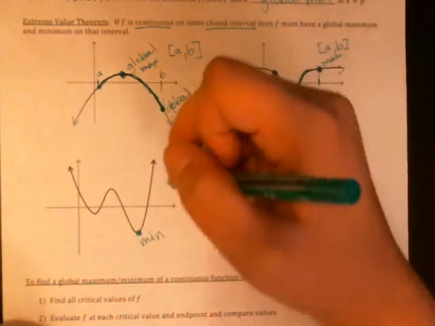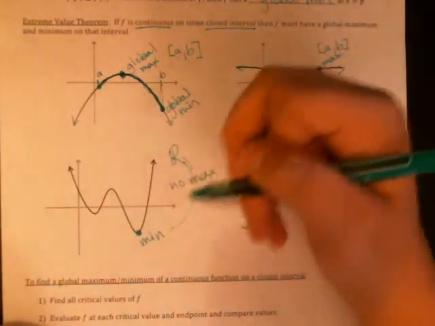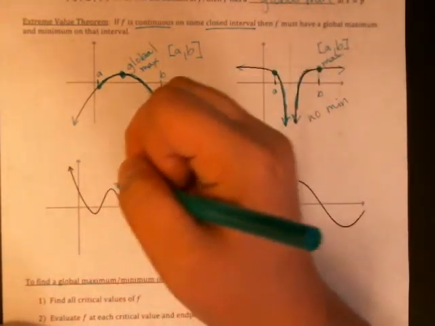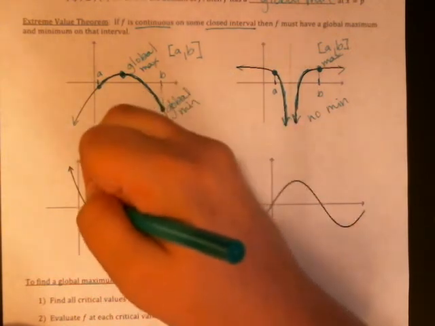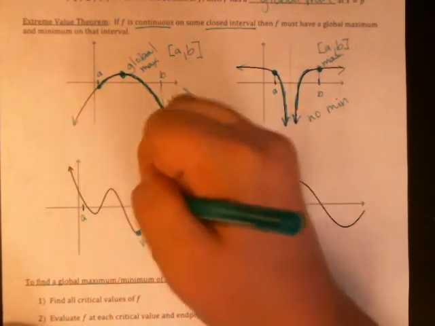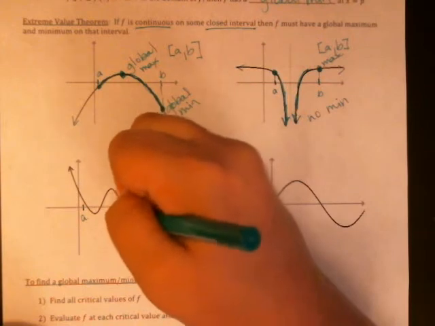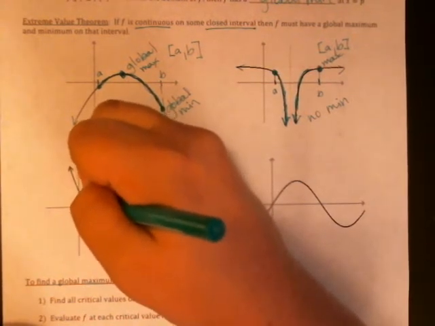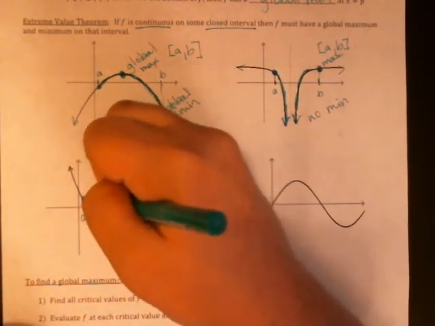Okay, so let's look. So this is for all reals. If I restrict the domain down, let's say I go from A to B. So now I'm looking only at this chunk.